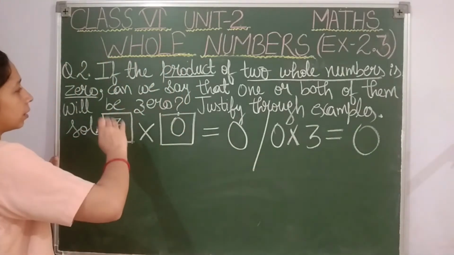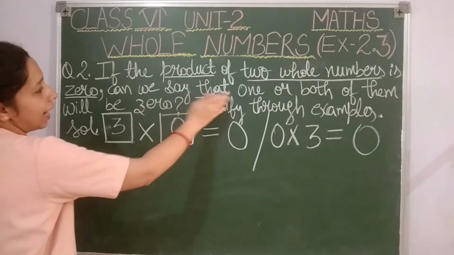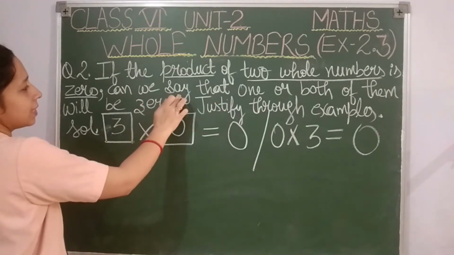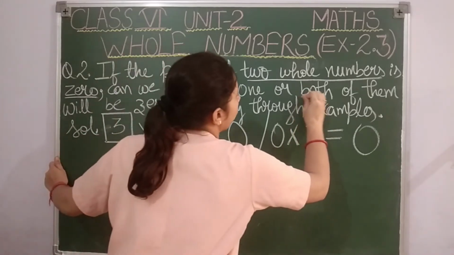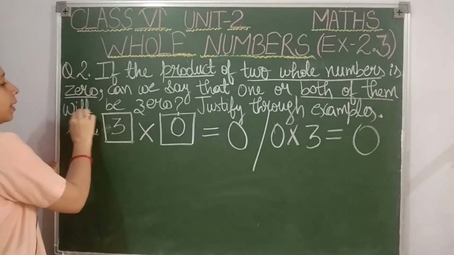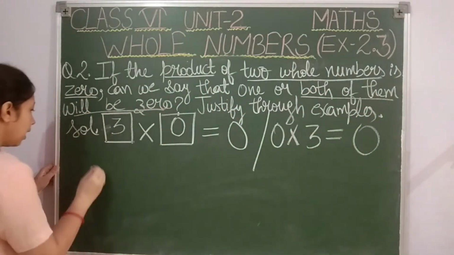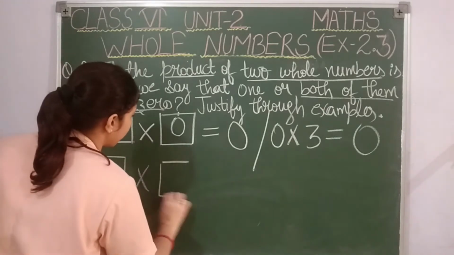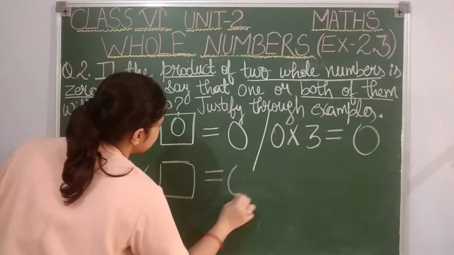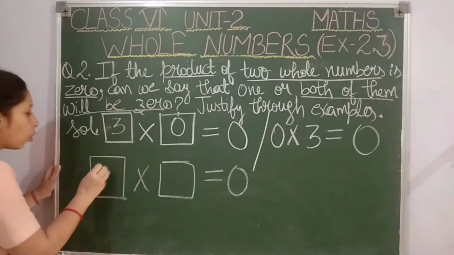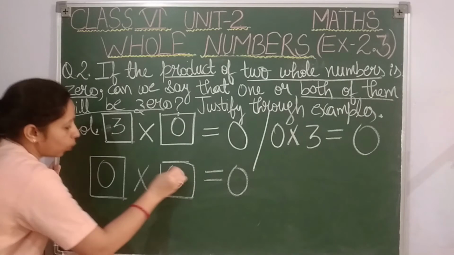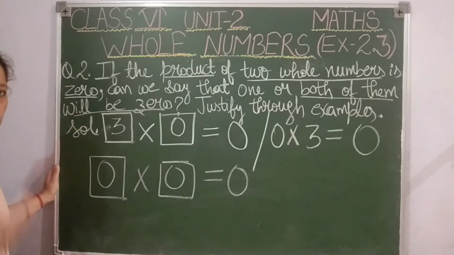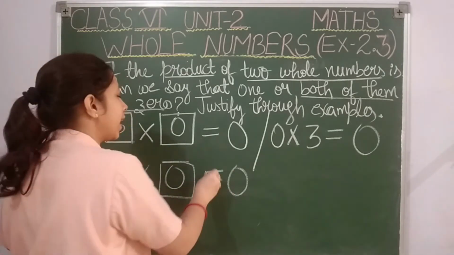Then the second part of the question: now ignore 1, can we say that both of them will be 0? Means again the condition is we want two whole numbers and on multiplying them the result should be 0. So it is asked that if both the numbers are 0, the multiplicand and multiplier both are 0, can you again get the result as 0?